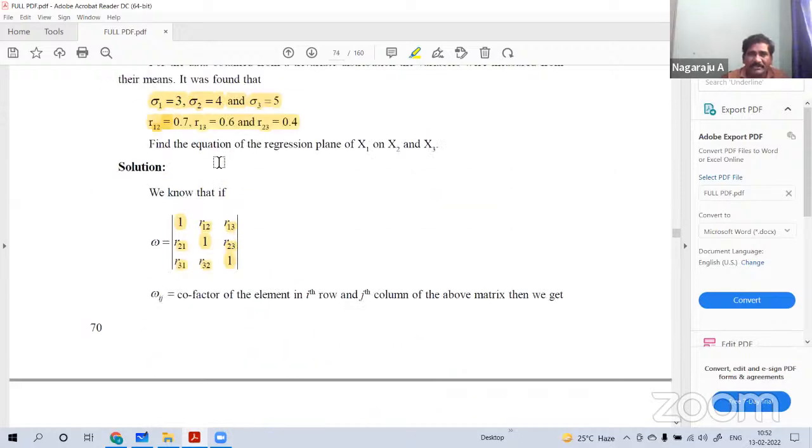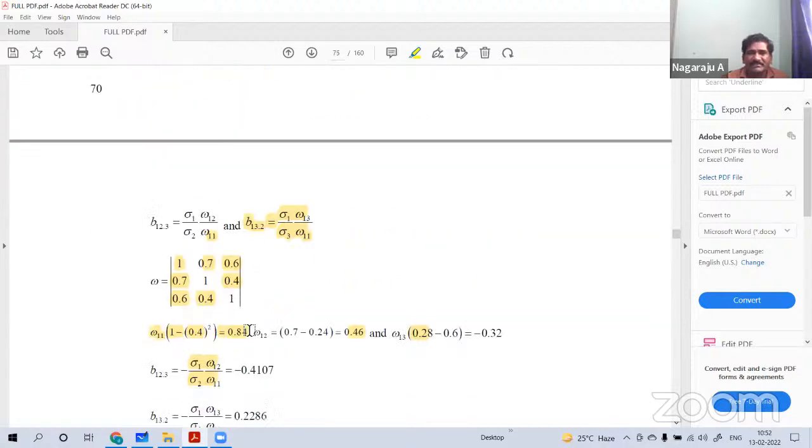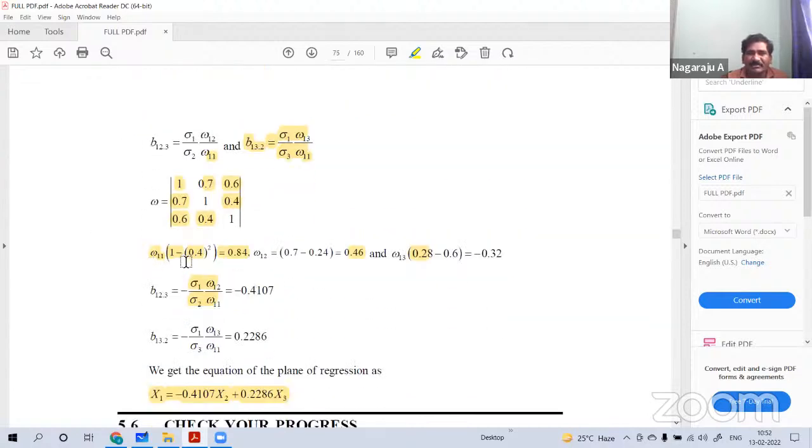So these values I am substituting directly here. After substitution, I will calculate W11. W11 equals: first row, first column, you leave it. The remaining elements' determinant, the minor, is 1 minus 0.4 whole square, equal to 0.84. And 0.7, you leave its row and column. Then 0.7 into 1, 0.7 minus 0.6 into 0.4, 0.24. So that is equal to 0.46.